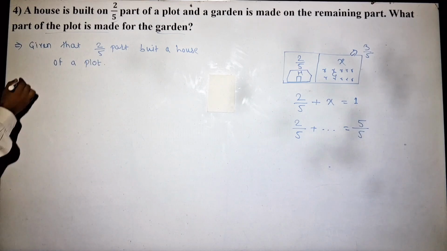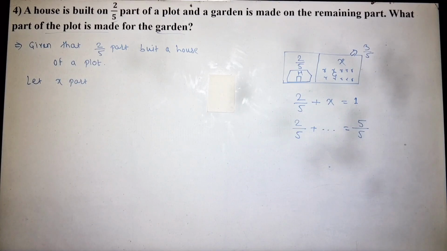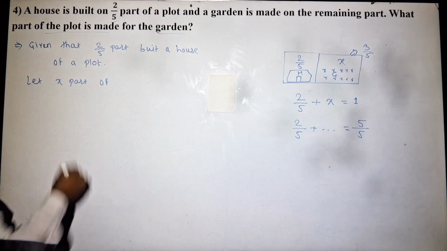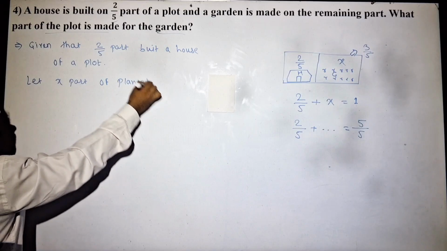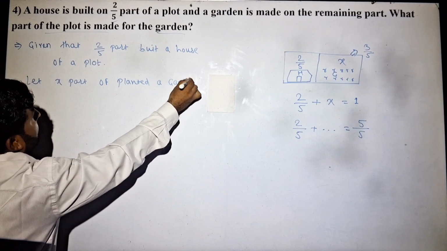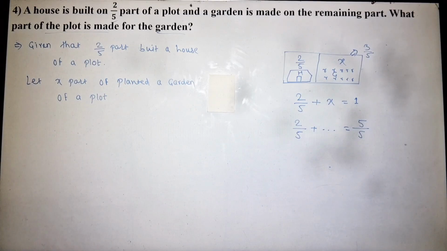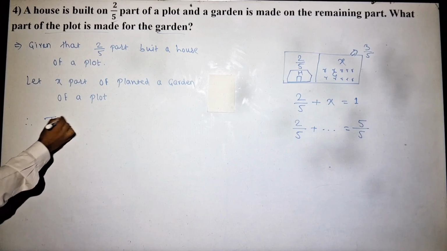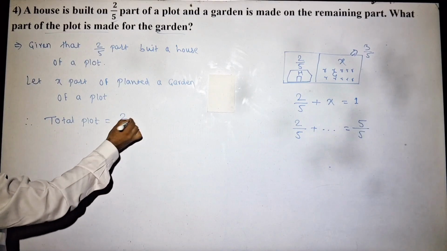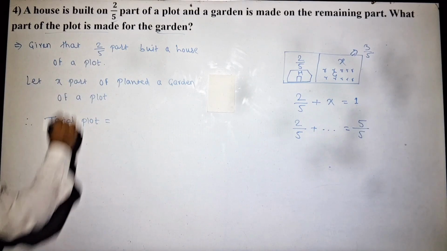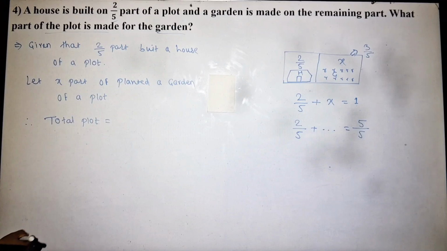We consider or let x part of a plot, or x part planted a garden of a plot. Therefore, total plot is equal to part for the house plus part for planting a garden.